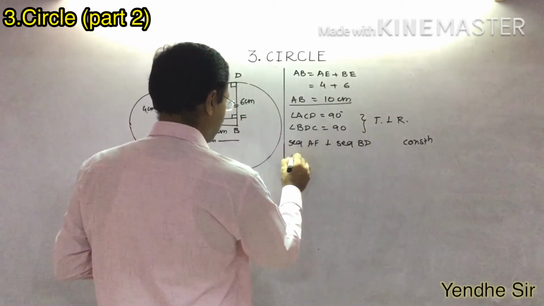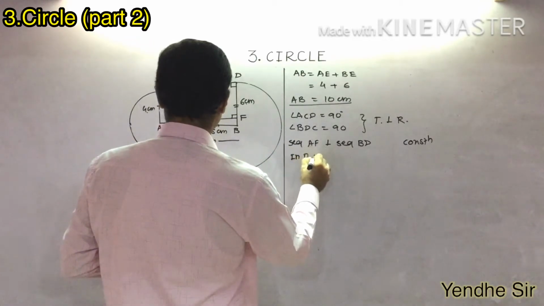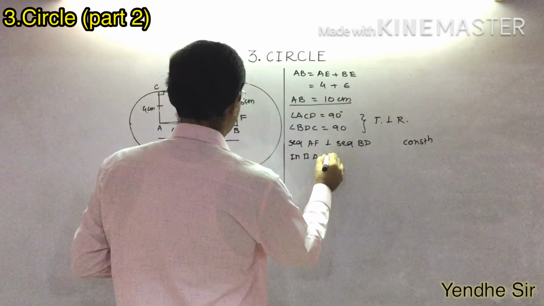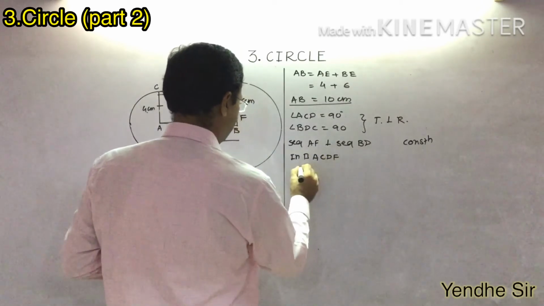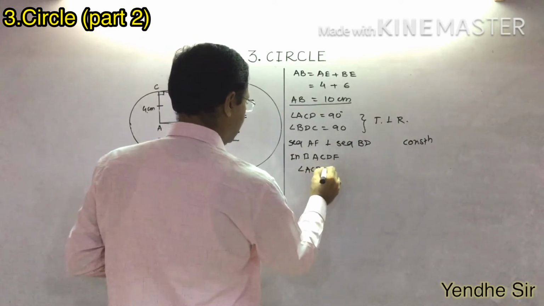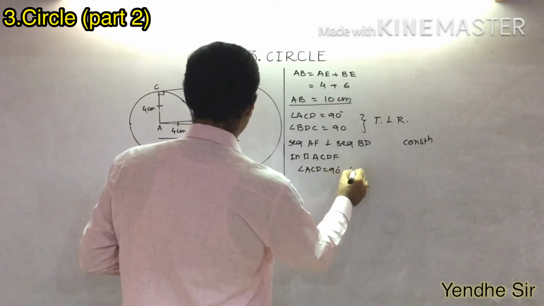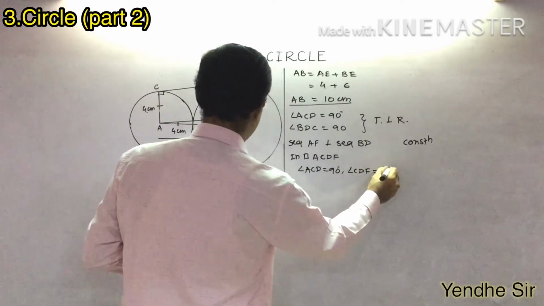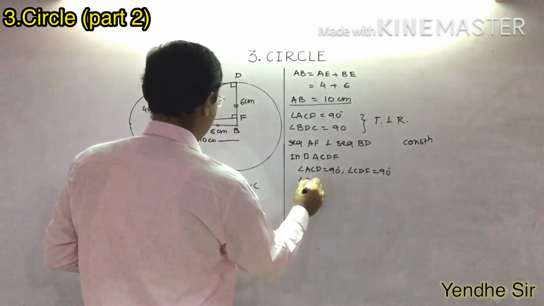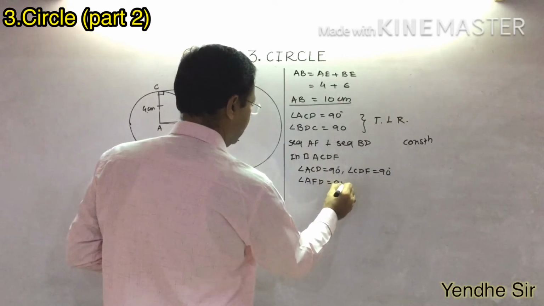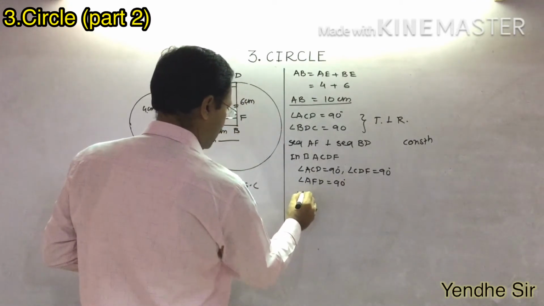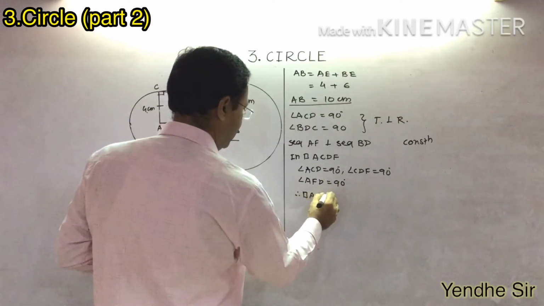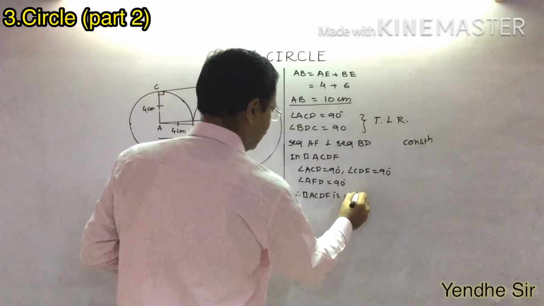So here you have to write it in quadrilateral ACDF. Angle ACD equals to 90, angle CDF equals to 90 and angle AFB equals to 90. Therefore, quadrilateral ACDF is a rectangle.